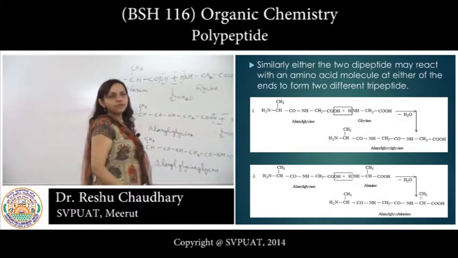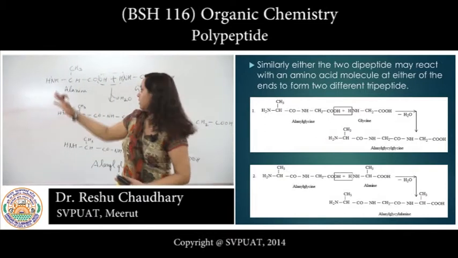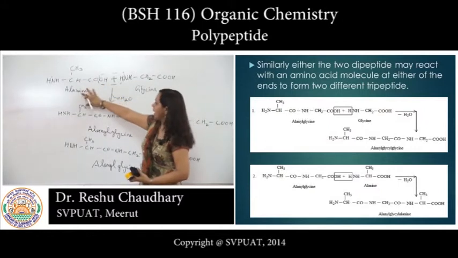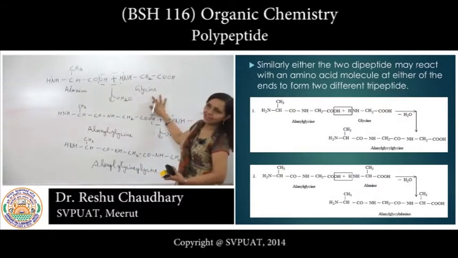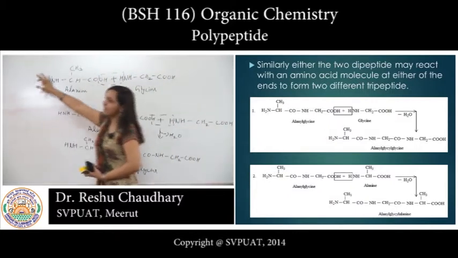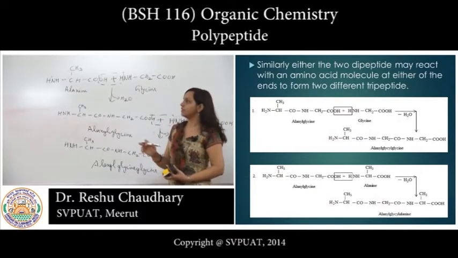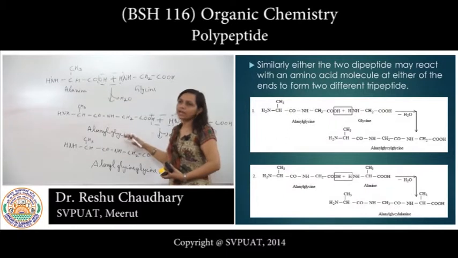Hence we can say that the formation of a peptide takes place in two ways. In one, as I have told you, firstly the alanine molecule is attached, then the glycine molecule. If glycine is first, then the name will be glycyl alanine. If the alanine amino acid is first, then the name will be alanyl glycine.